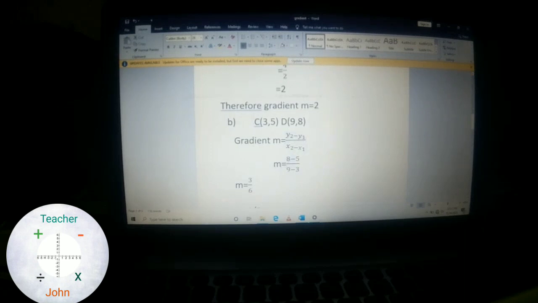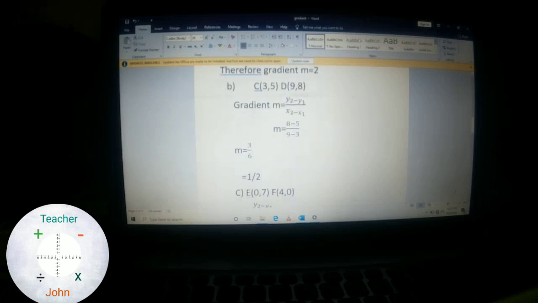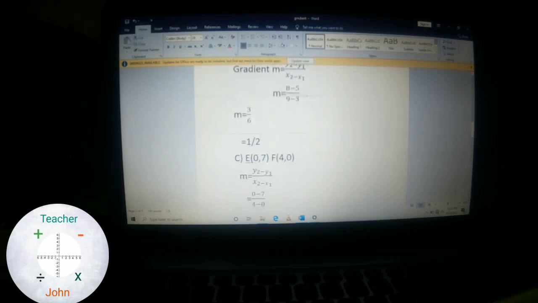So y2 is 8, y1 is 5, x2 is 9, x1 is 3, which is 8 minus 5 divided by 9 minus 3, where m is 3 over 6. You can simplify it and you get m as 1 over 2, which is a half. That is the gradient of the second question.